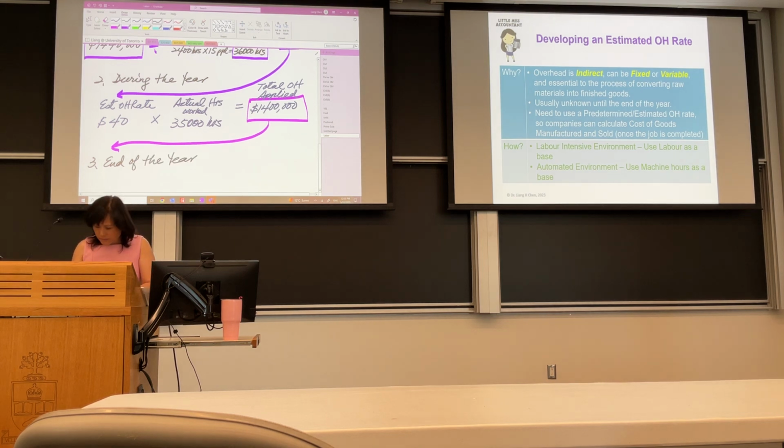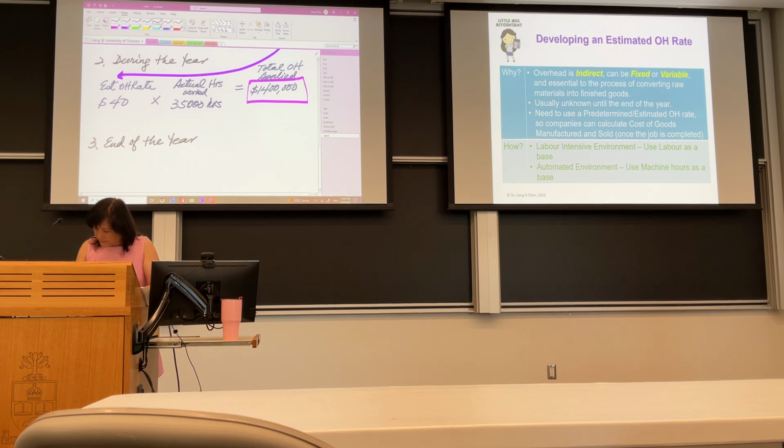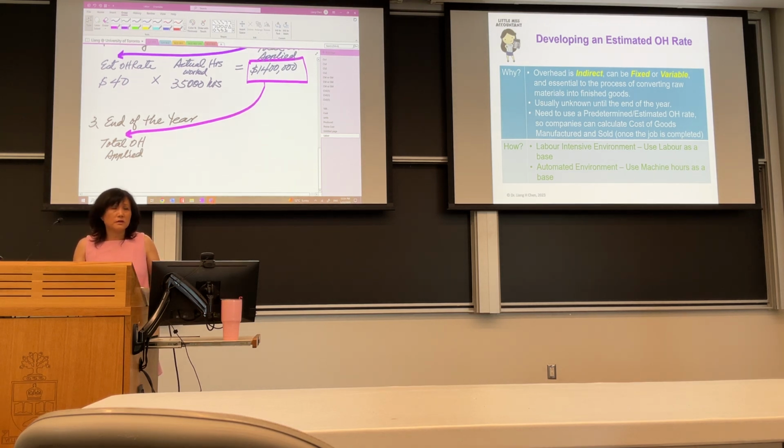What happened? You take the total overhead applied. You apply based on the estimated, we call predetermined or budgeted rate, $1.4 million. You minus the total overhead actual.